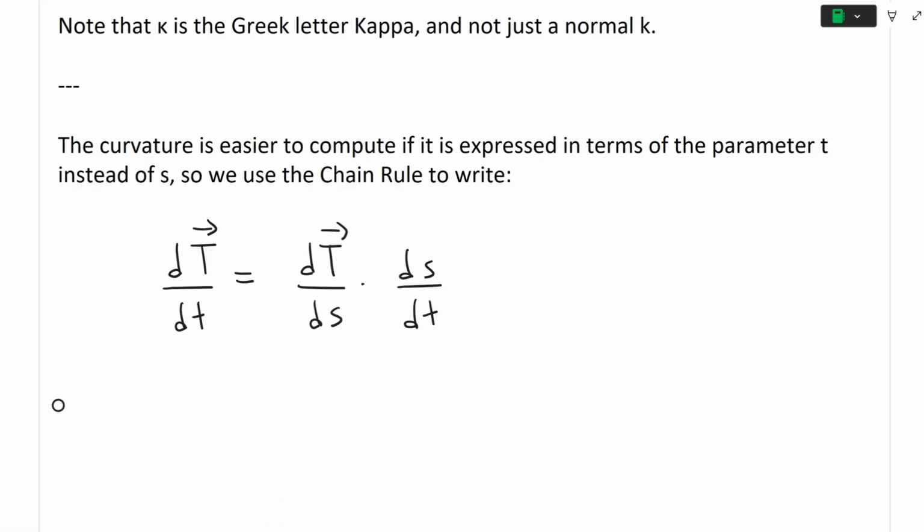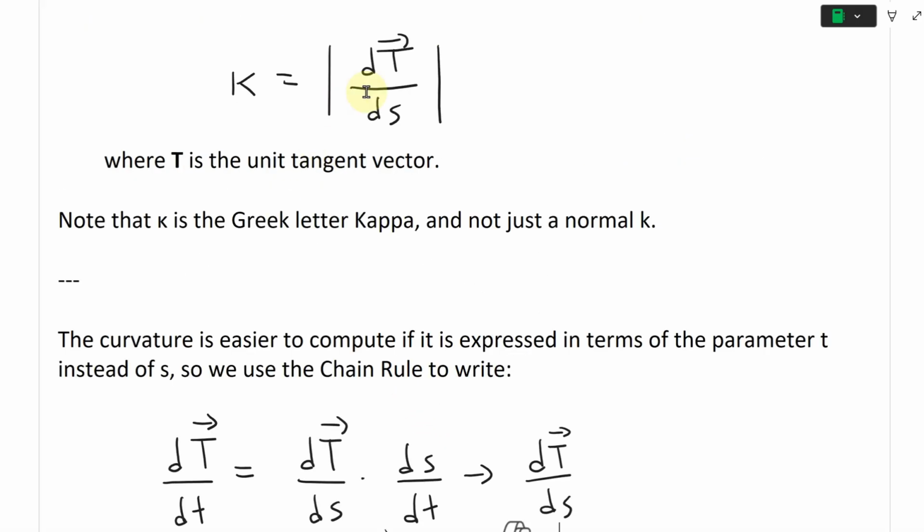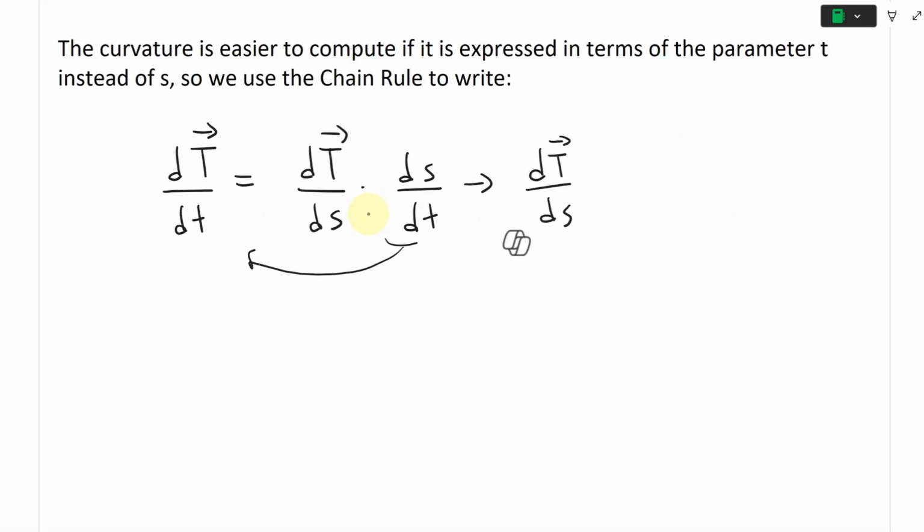Now we're going to isolate this part by moving this over to the other side. So we're going to get dT over ds. Again, that's the inside function, and that's what we want to convert.